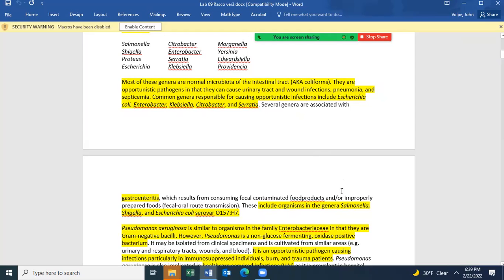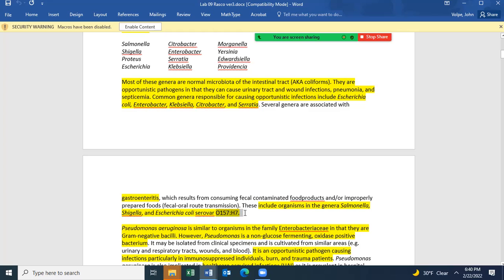Several genera are associated with gastroenteritis. These include organisms in the genera Salmonella, Shigella, and then specific variants of E. coli, such as serovar O157:H7, a human pathogen.